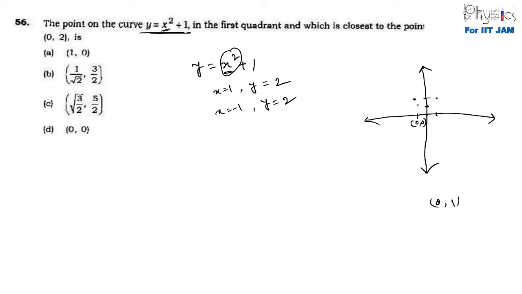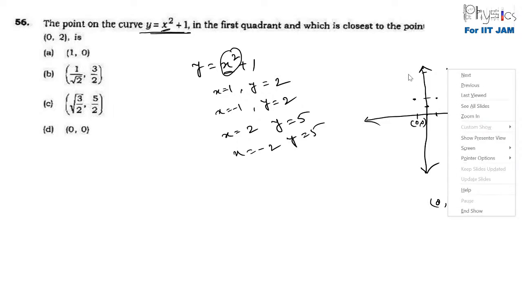So this point. X equal 2 means we get y equal 5, and x equal minus 2 means y equal 5. For this we get this point and this point.